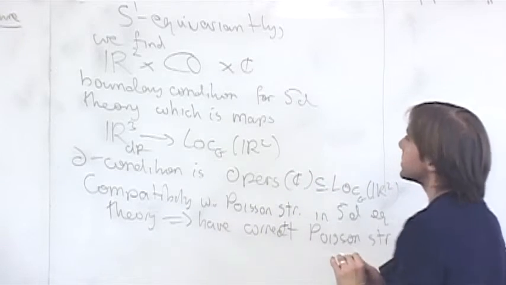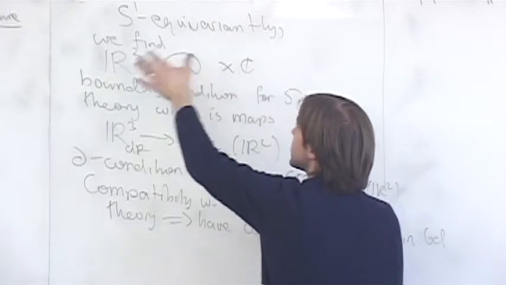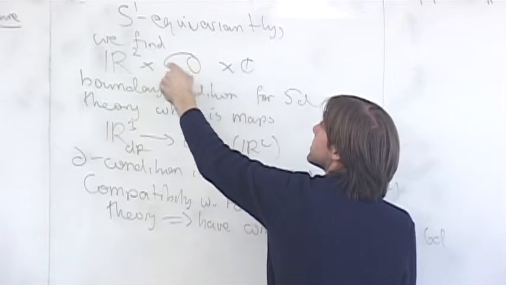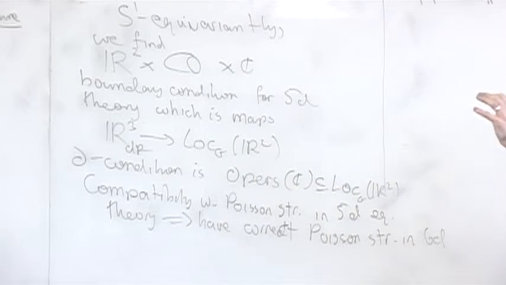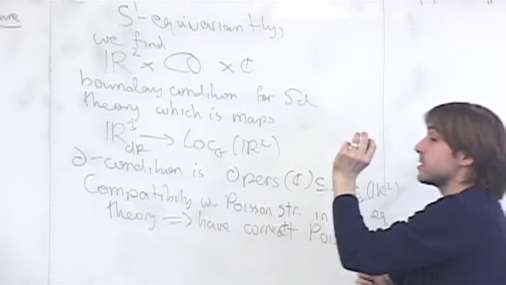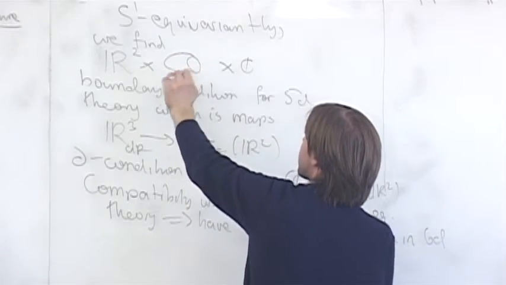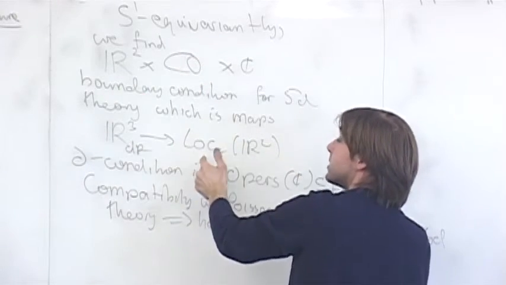I don't want to get into this too much. The point is, if we take the 6D theory and just reduce it on the disk, because we have these extra 2 topological directions, we don't really see the Poisson structure unless we make things equivariant. This is like the point that Tudor was making. When we make things equivariant, we get more quantum. So by making things equivariant, we should see the correct Poisson structure, and we do.